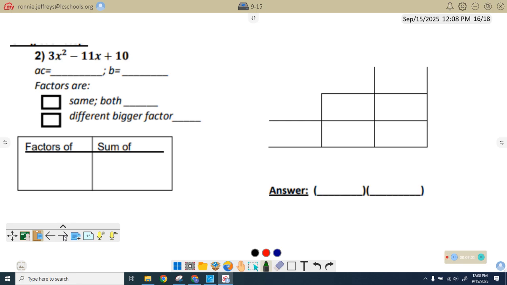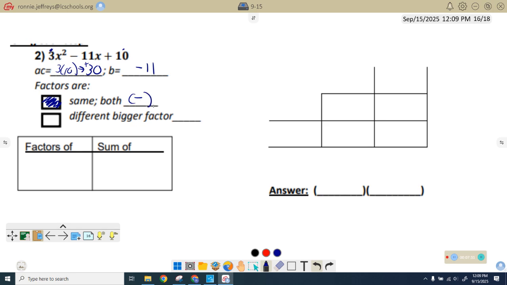All right, so let's look at this one. This one we have 3 times 10, which is 30. And then they've got to combine to negative 11. Well, because 30 is positive, they're the same.